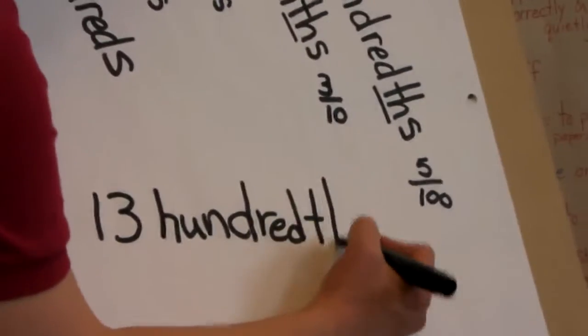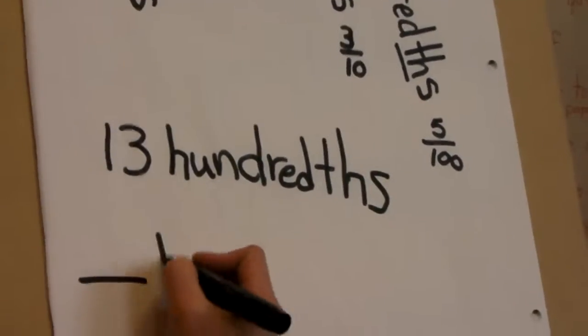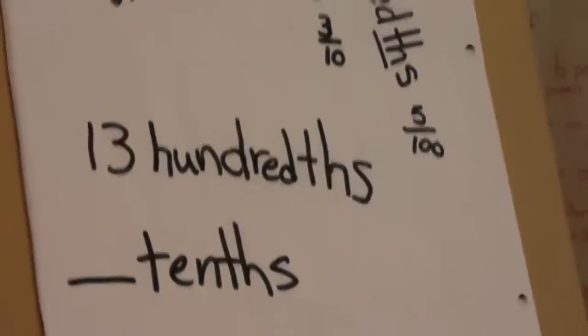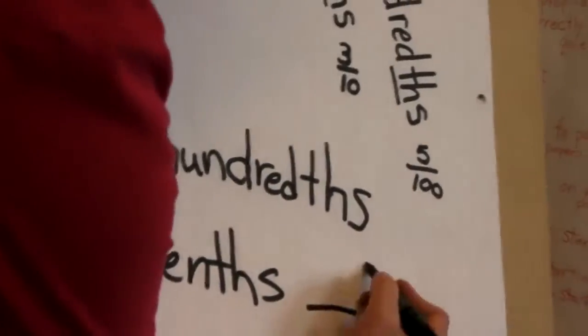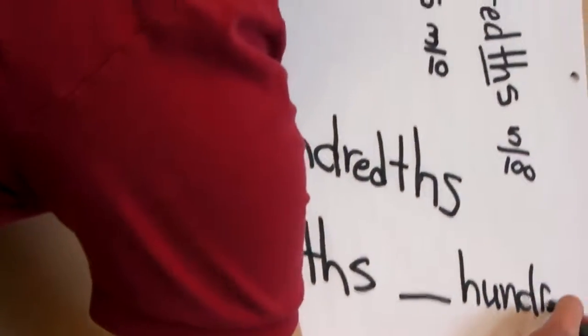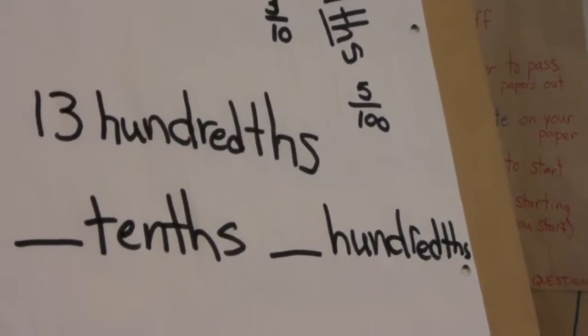If I have 13 hundredths, how many tenths is that? 13 hundredths is how many tenths and how many hundredths? That's what it's going to ask you to do. Okay? How many tenths and how many hundredths is that in 13 hundredths?